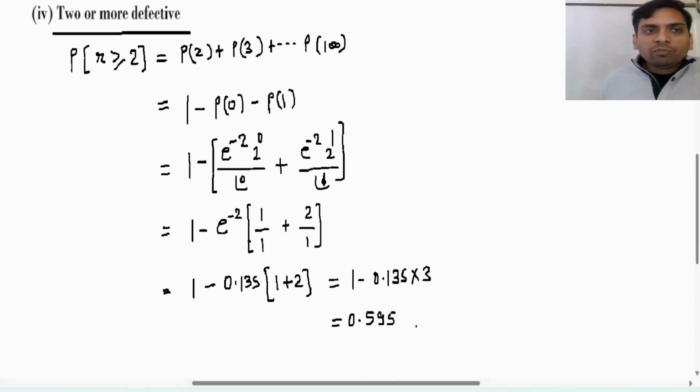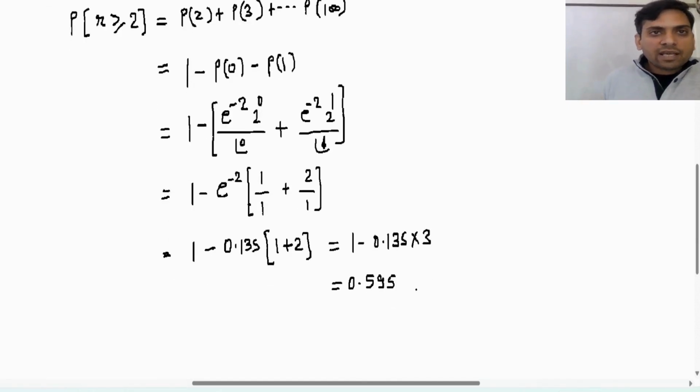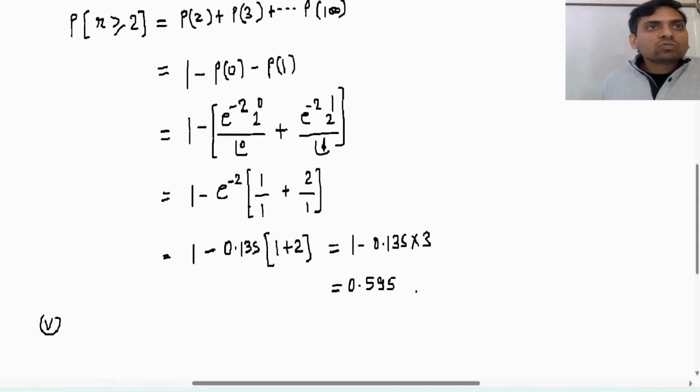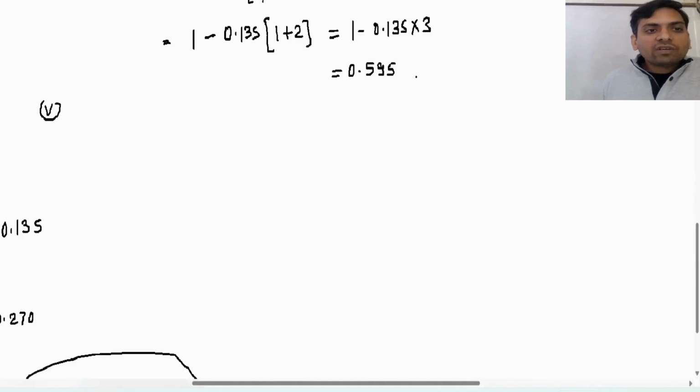Now we can solve one more case. I have not written this case. In the previous case, this was at least 2 or at least 1. Now we can solve one more case, at most 2 defects.